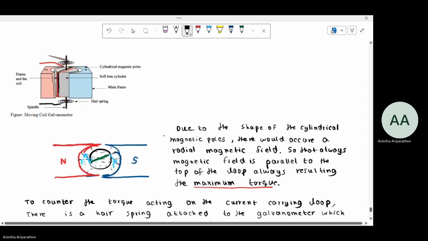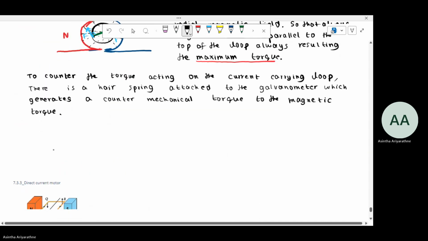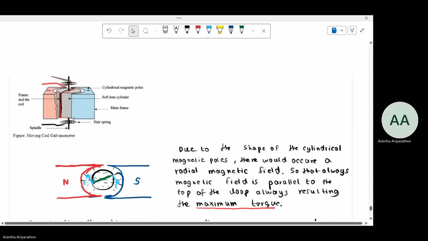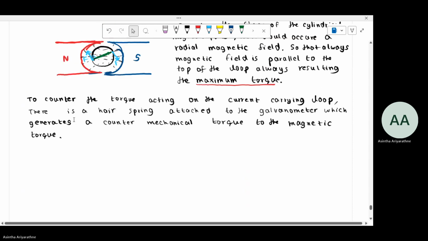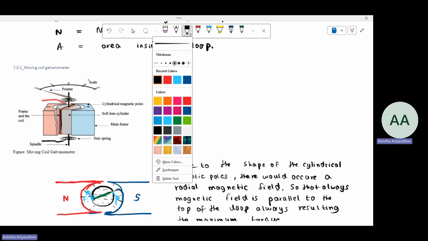Let's say now, when the equilibrium is attained.